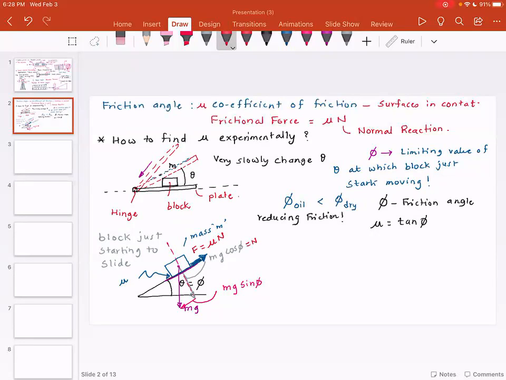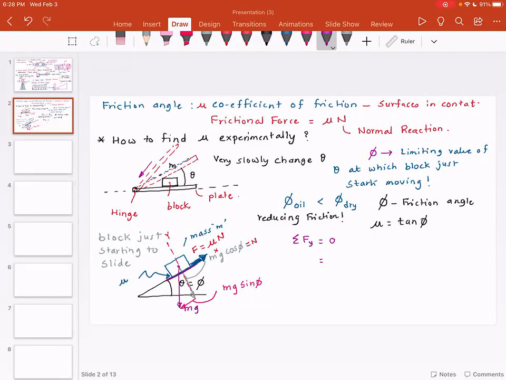So this is how I have forces in the x direction and y direction. I have resolved the forces in the parallel direction to the block and the perpendicular direction to the block. So I'm just going to call this x and this y. And I'm going to say summation of forces in the y direction is equal to 0 because the block is just about to start moving.